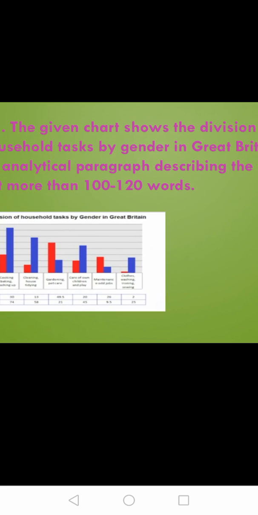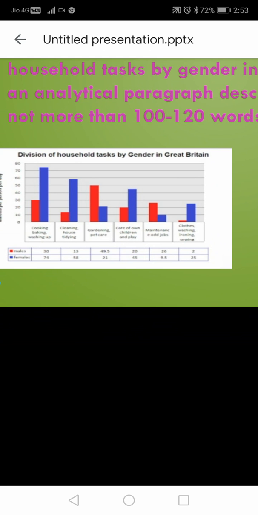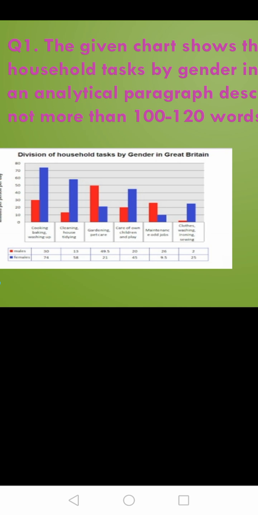So see this. Like this chart diagram, graph diagram you will get. Division of household tasks by gender in Great Britain. You are able to see vertically 0, 10, 20, 30, 40, 50, 60, 70, 80. Now at below you will get two lines, male and female. Male is the red color, female is the blue color.